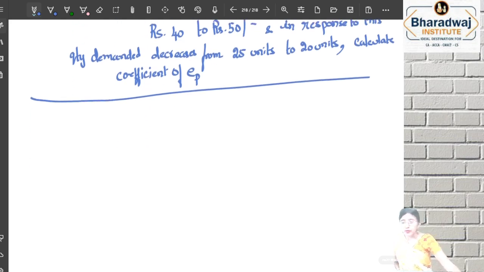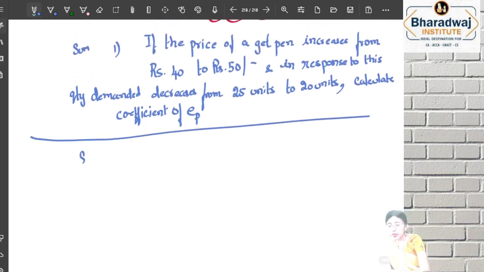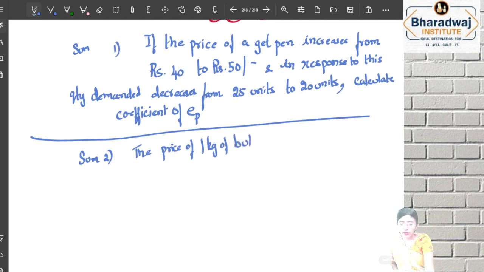Sum number 2. The price of 1 kg of butter is rupees 60.